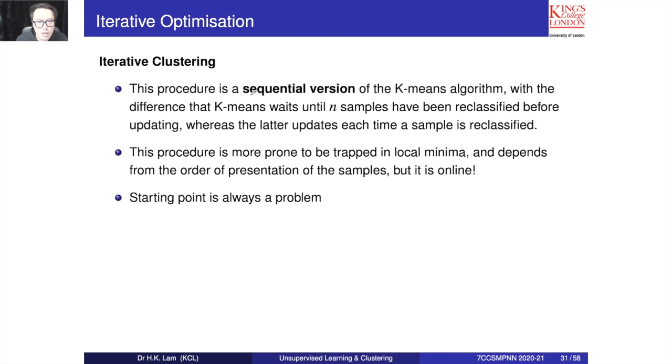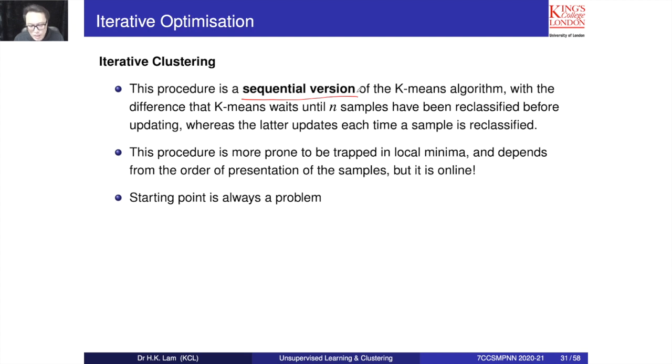This procedure is the sequential version of the k-means algorithm. As I mentioned in the beginning, in the k-means algorithm we examine the distances of all the samples, and then we assign the clusters for all the samples at the same time. But for iterative clustering, each time we just consider one sample.